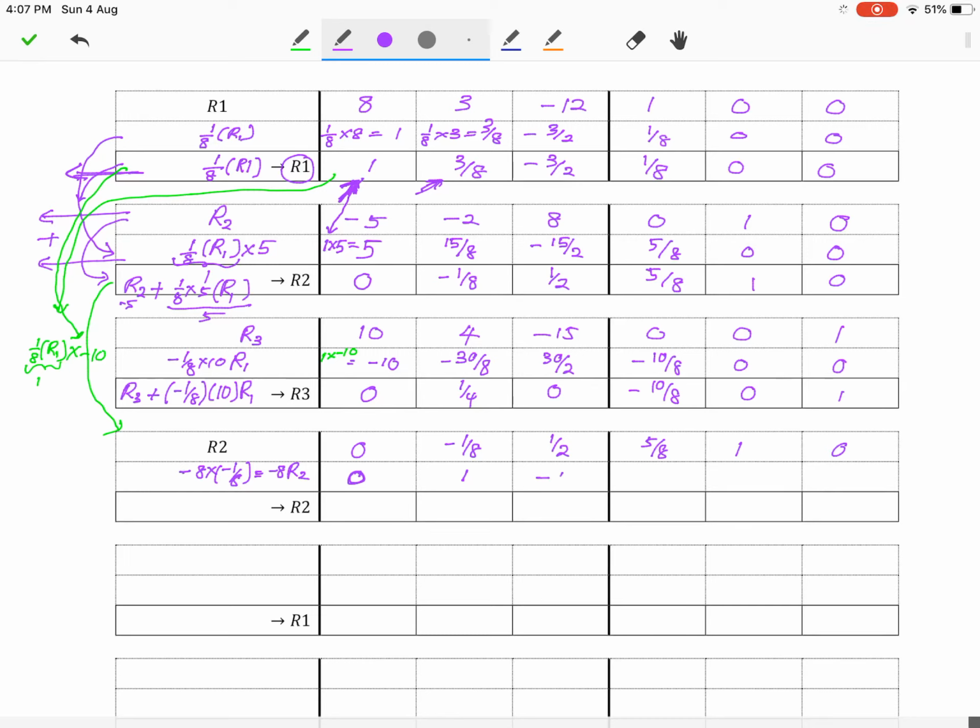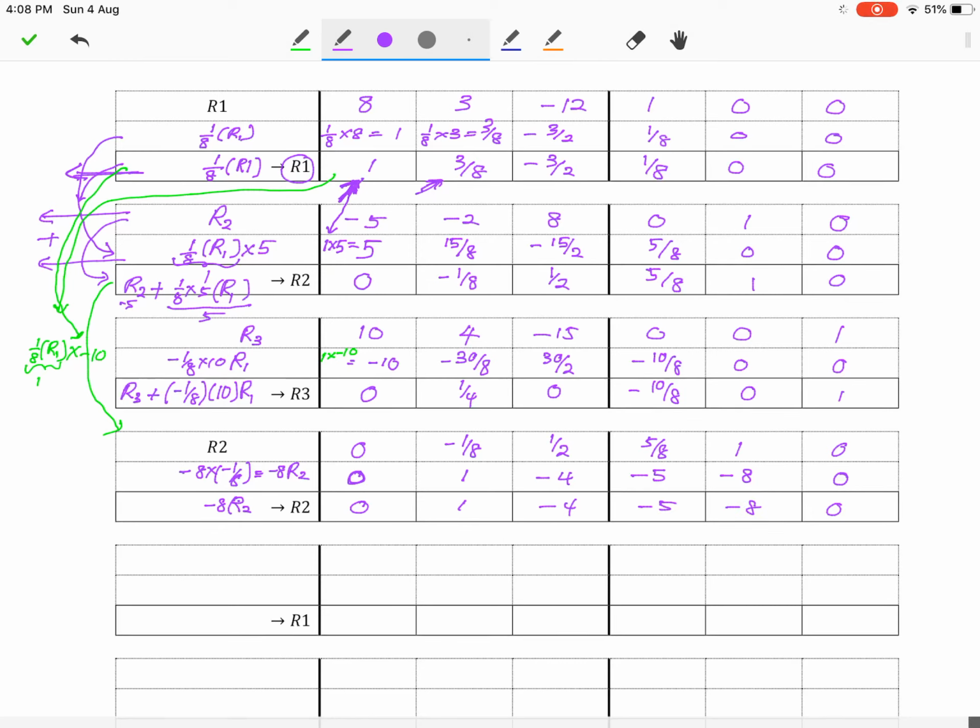So this one will give me negative 4. This one will give me negative 5. This one will give me negative 8 and 0. So that is what we want to do for the second row to be the new row, which is we want negative 8 of row 2 becoming the row 2. So it's going to stay as this.